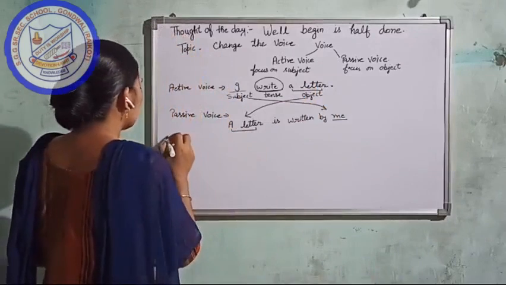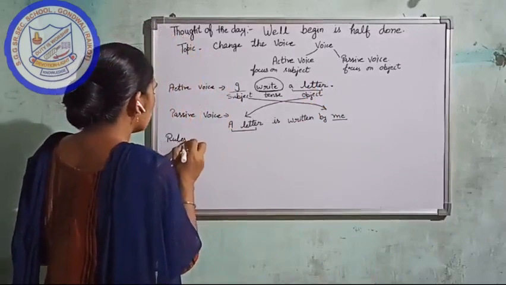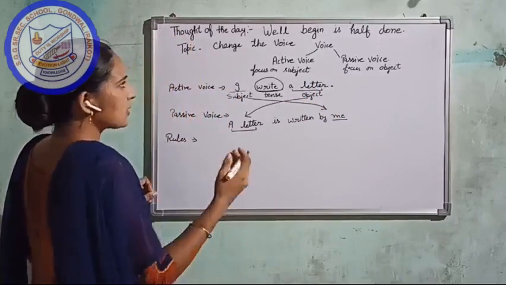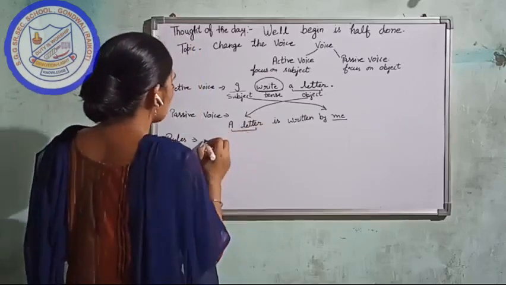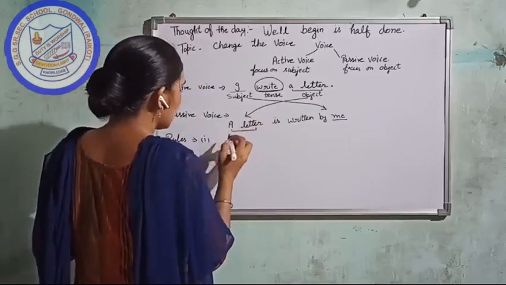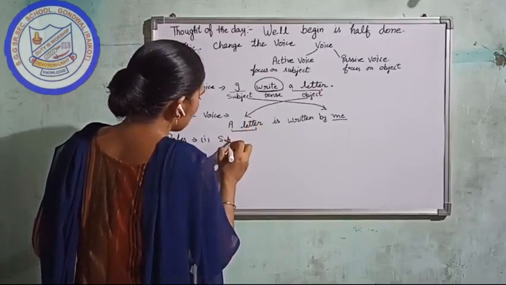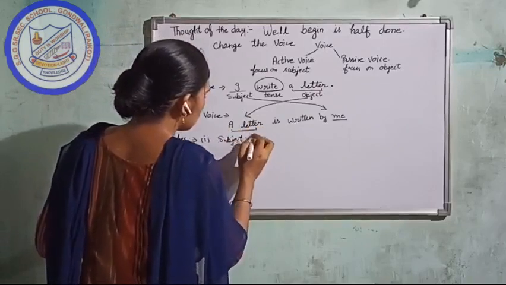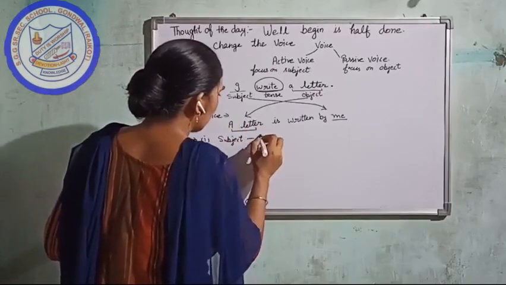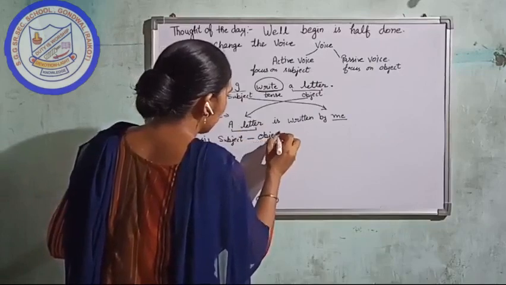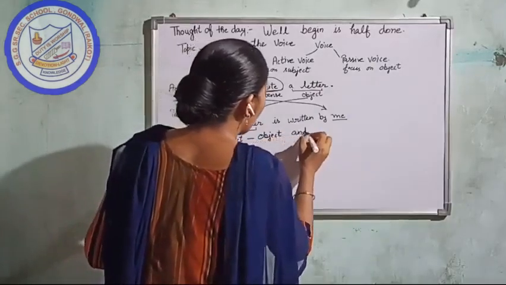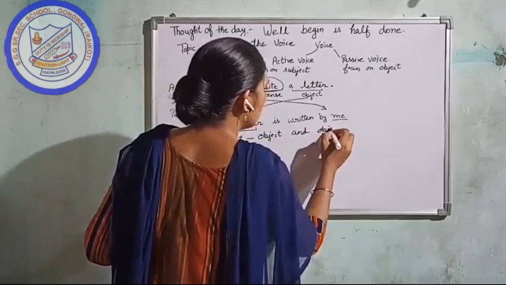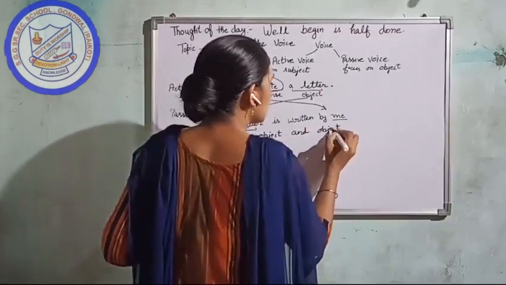There are 3 rules for changing active sentences into passive sentences. The first one is replacement of subject into object and object into subject.